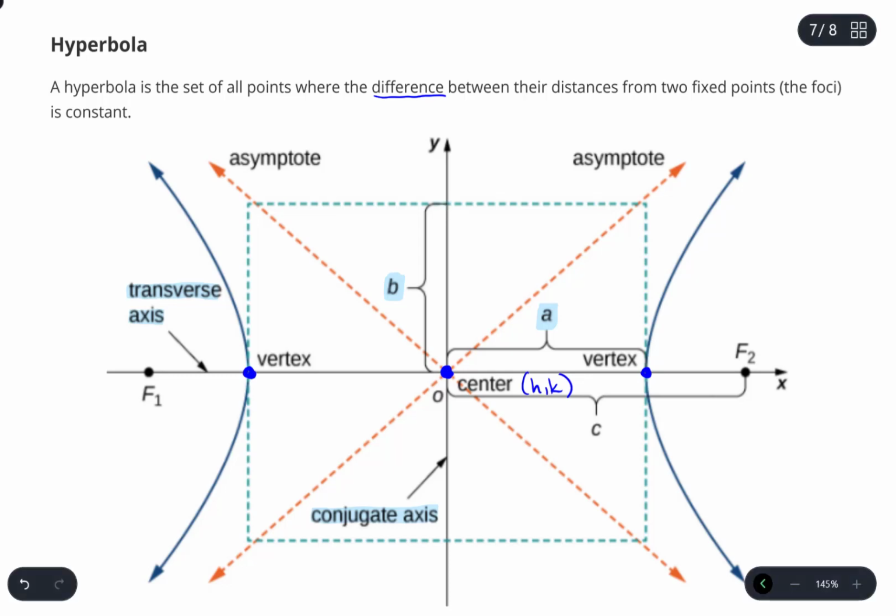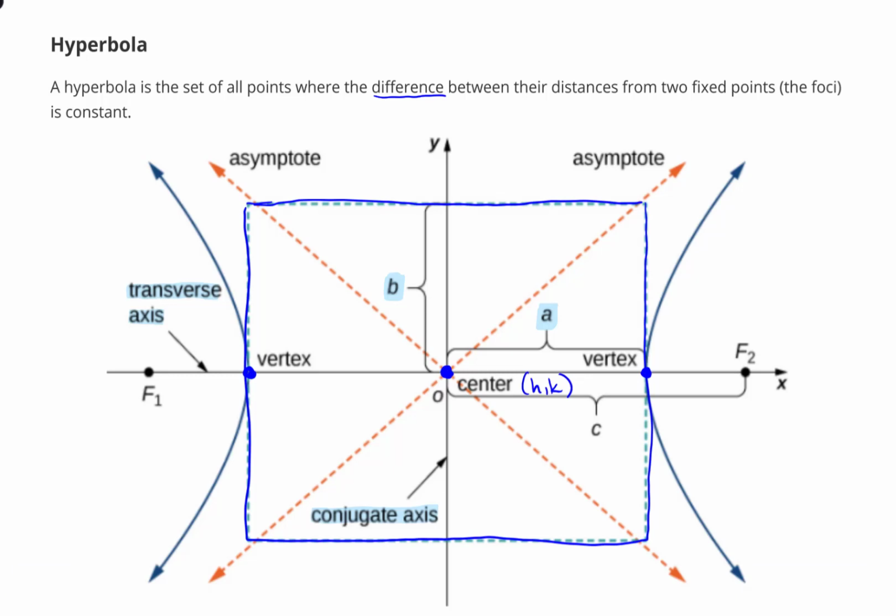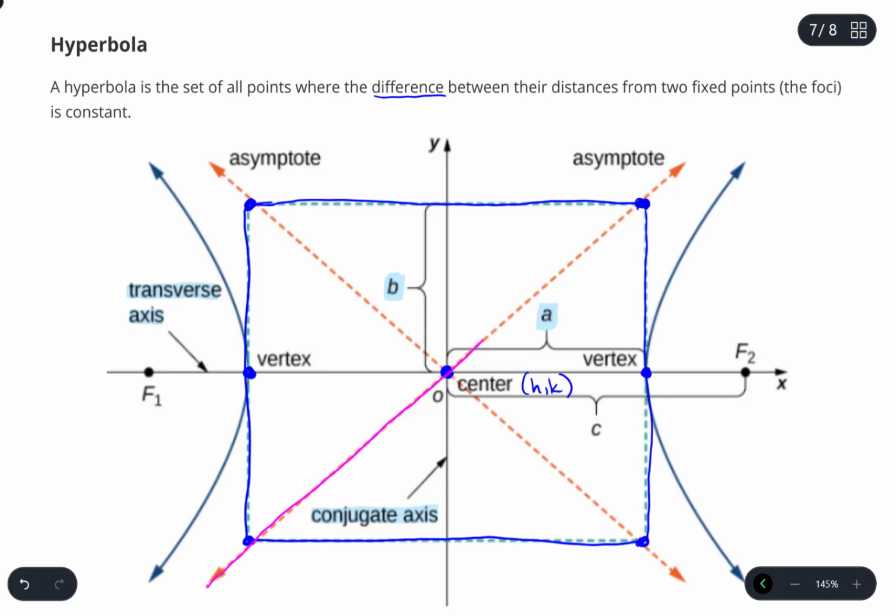In fact, what we generally do, and you can see this box already constructed, is we use this distance b to construct a rectangle. And of course it can be square, but most often it would be a rectangle, I think. The corners of that rectangle set up the location of two different asymptotes that would pass through those corners.